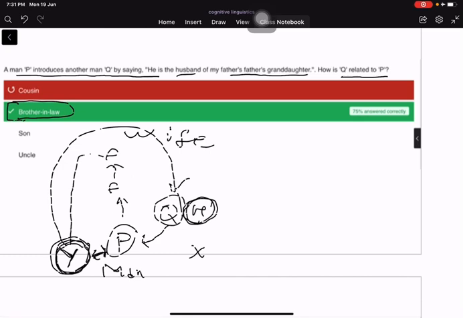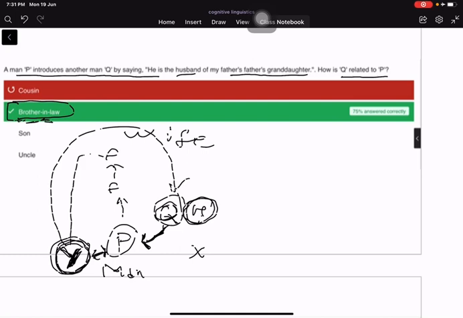So they're siblings, and Q is the husband of Y. So how is Q related to P? Q's relation to P is that of brother-in-law.